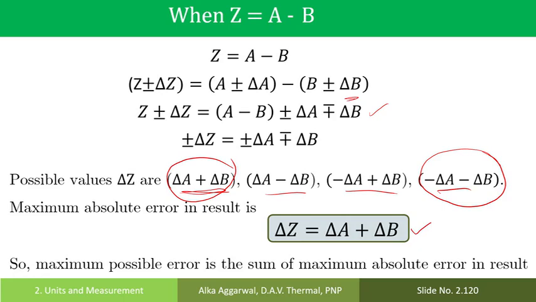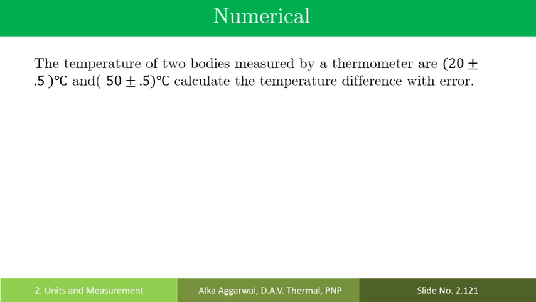To make it more clear, let us do a numerical. The temperatures of two bodies measured by a thermometer are 20 plus minus 0.5 and 50 plus minus 0.5 degrees Celsius. Calculate the temperature difference with error.